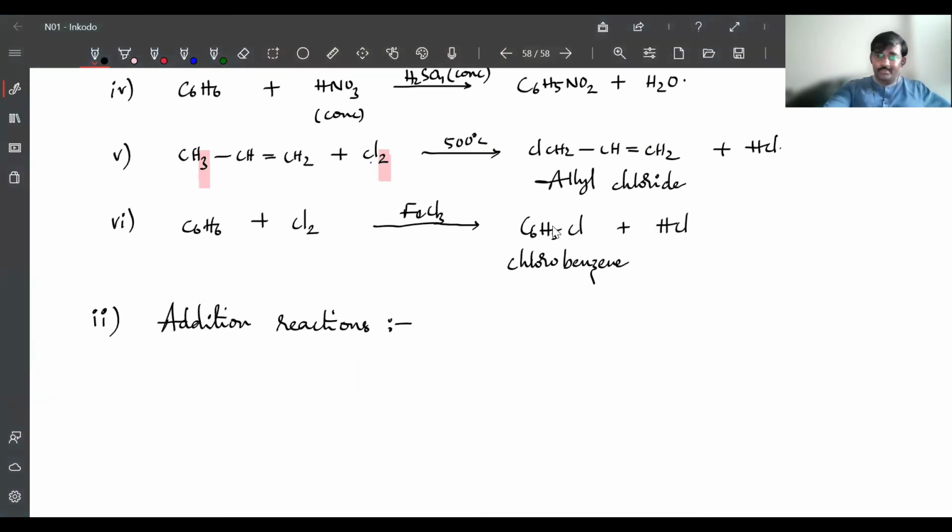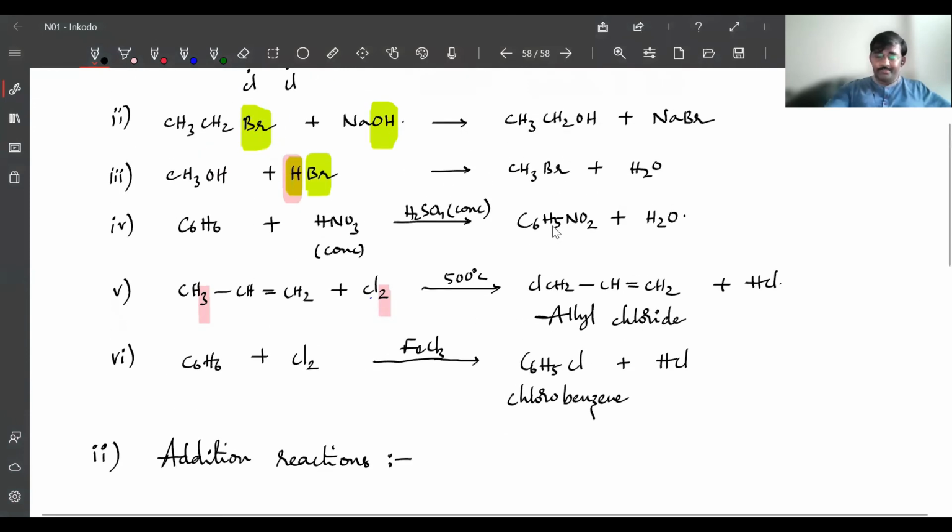If you are adding some small molecule to the compound, then we call it an addition. Generally, addition reactions happen when unsaturated compounds are there, that means when you have a double bond or triple bond. At the double bond or the triple bond, this addition will happen.